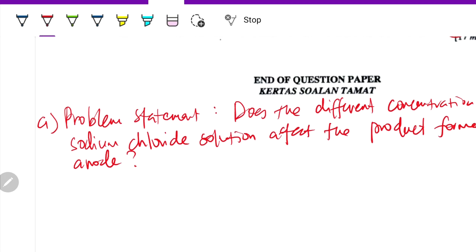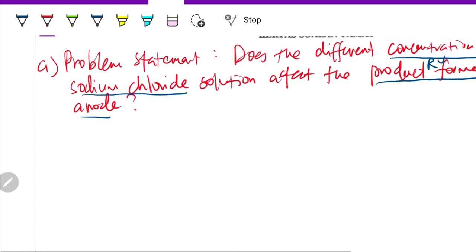So here actually we can see the concentration of the sodium chloride is the manipulated variable. Responding variable will be this one. So normally we just mention the MV and RV. It looks like the hypothesis, right?